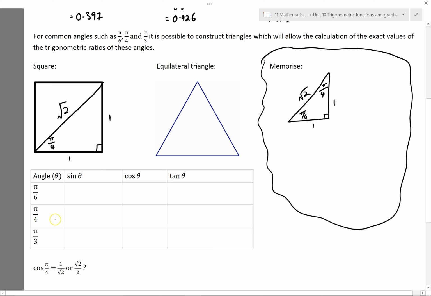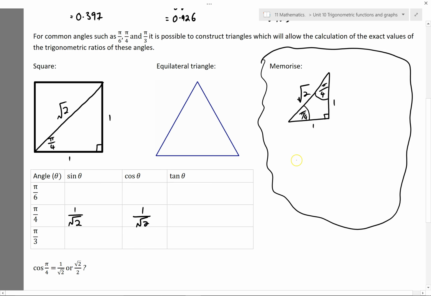So sine of pi on 4, here's my pi on 4 here, opposite side divided by the adjacent side, 1 on root 2. You can do the same thing for cosine, adjacent over hypotenuse, again 1 on root 2.